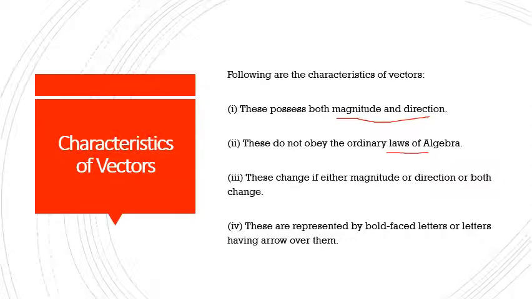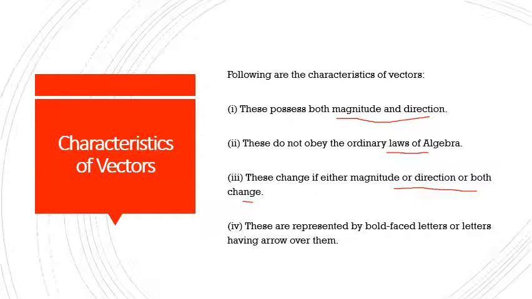Okay, so vectors will not obey ordinary law of algebra. Third characteristic is these change if either magnitude or direction or both change. Okay, so vector will change if either magnitude or direction or both.